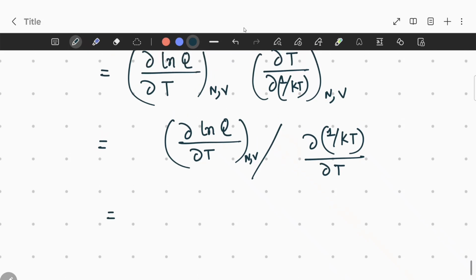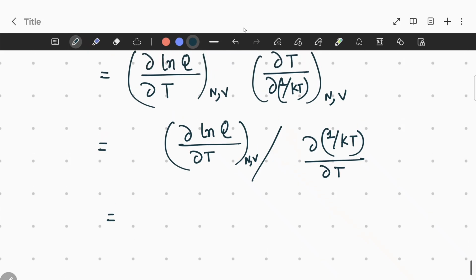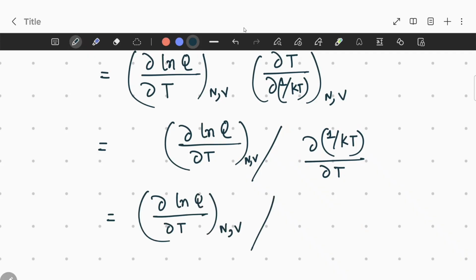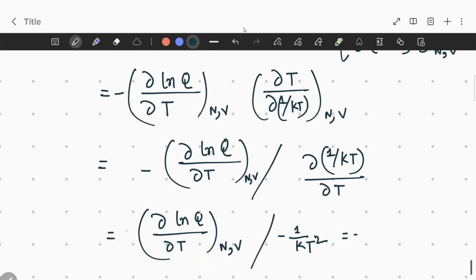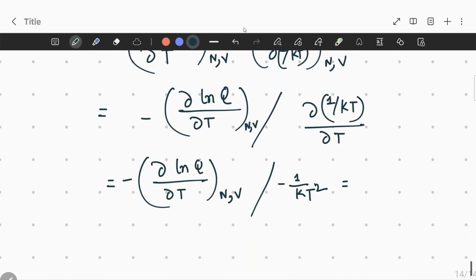Can you do that? It is 1 by k times minus 1 by T, so kT square. One minus sign is there already. So this is our internal energy.